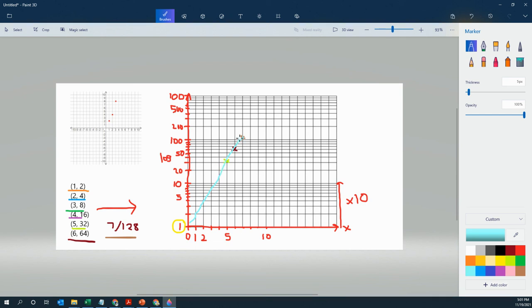So then what you can do from there, because now this is a straight line, you can take the straight line and extend it. And with that, you can then estimate what the next number is going to be. So 7 is 128. 8 is going to be something like 200 and something, right, if this were straight.